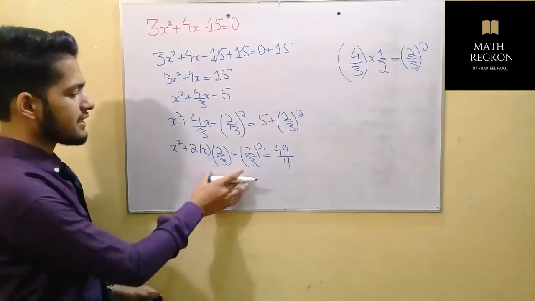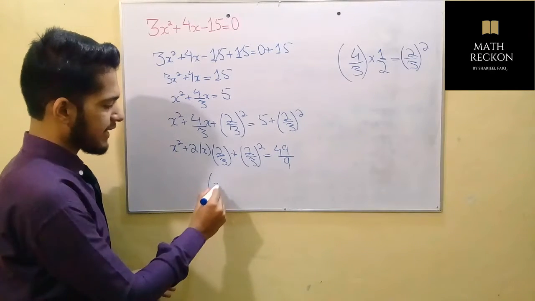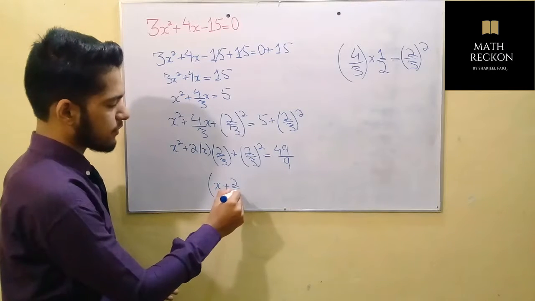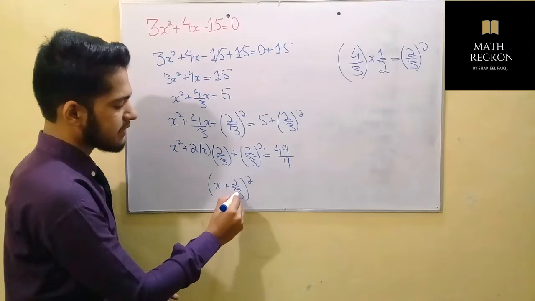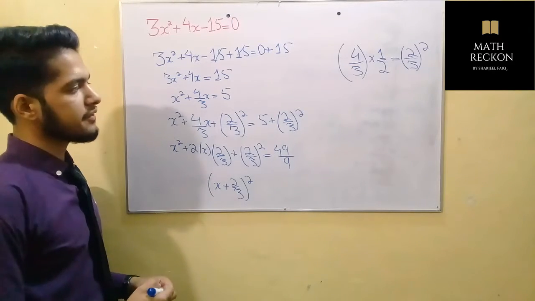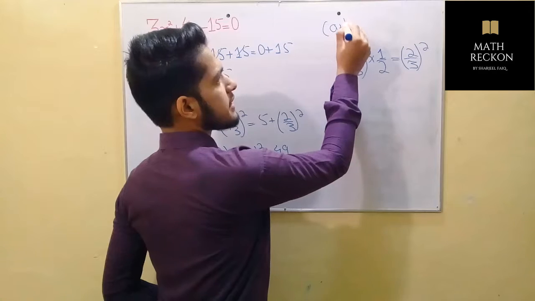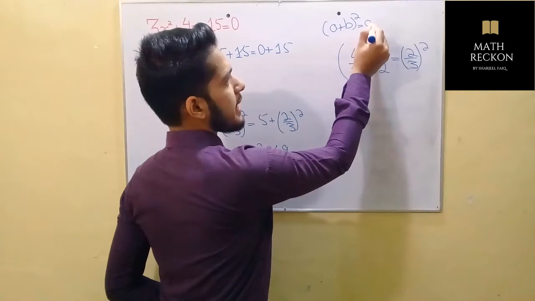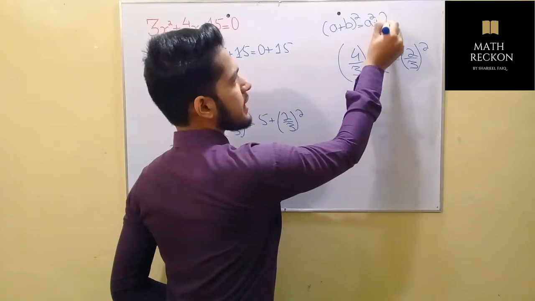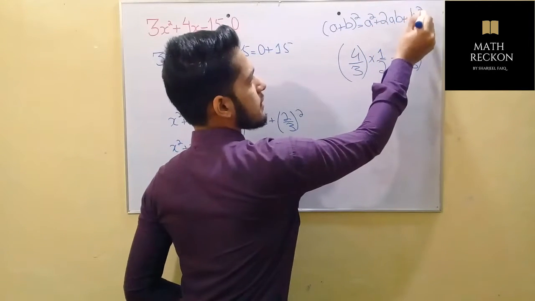And now these three terms tell us that it is a perfect square of x plus 2 upon 3 the whole square. Which identity did we use here? The identity we use here is a plus b the whole square equals a square plus 2ab plus b square.